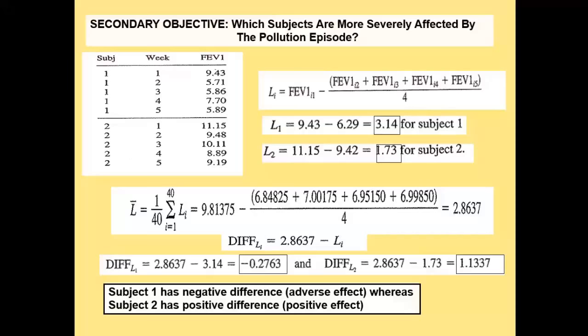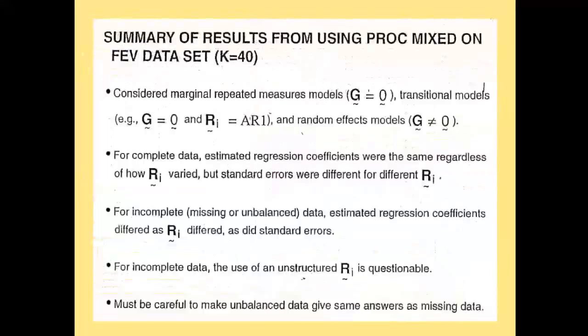The other question was trying to identify individual kids of these 40 subjects which might have been more affected by the pollution episode than other kids. And we spent a little bit of time going through how you do it.